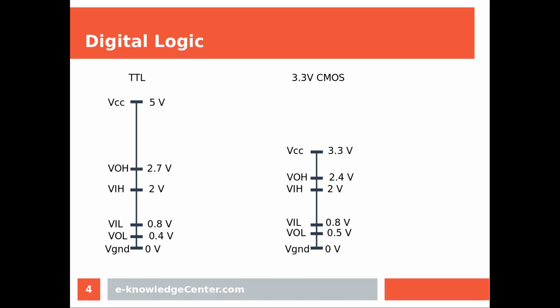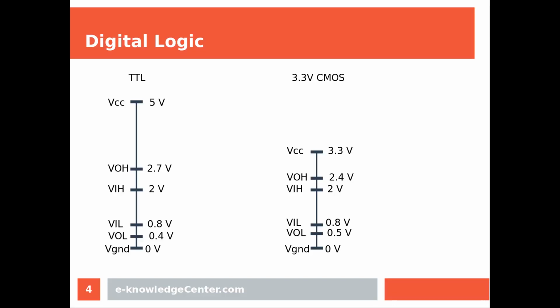So the output signal for high will be between 2.4 and 3.3 volts. For TTL, the input signal to be considered as a high needs to be above 2 volts. So the TTL devices will be able to recognize the high signal.